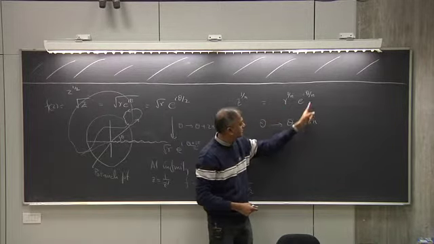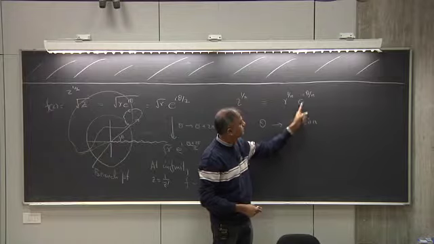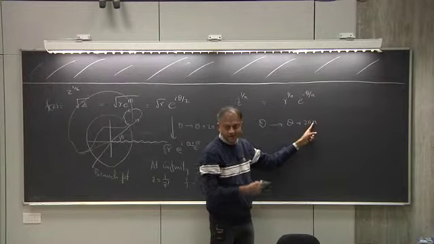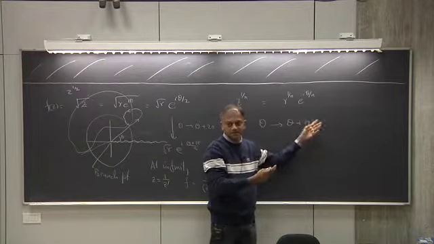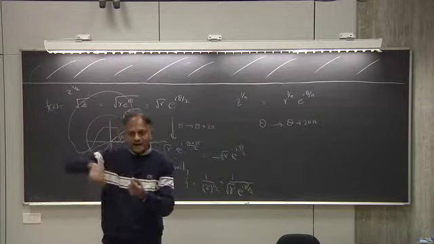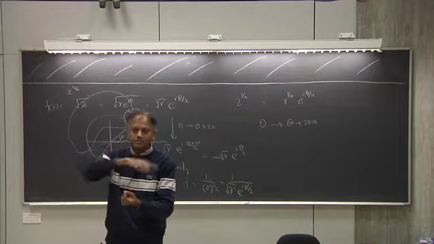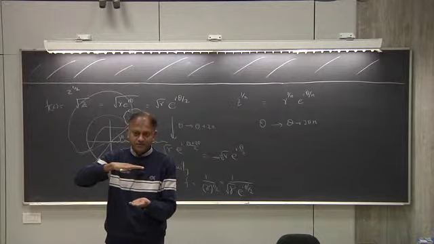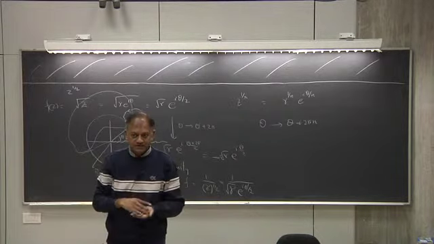Because when you shift theta by 2 pi n, this doesn't pick up any phase, because it's e to the power of i 2 pi n divided by n. That's the extra piece. n cancels, and you just get e to the i 2 pi, which is 1, right? So after going around n times, you come back to its original value. That means that you need n sheets so that this function becomes single valued.